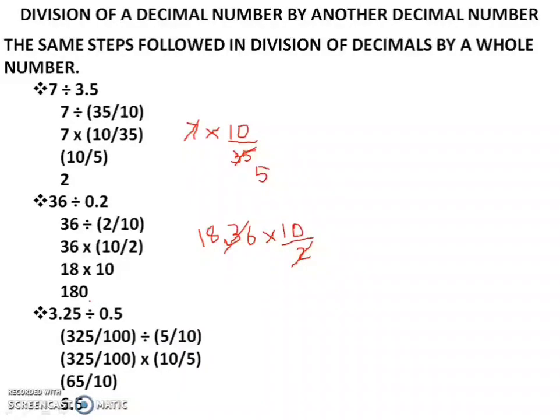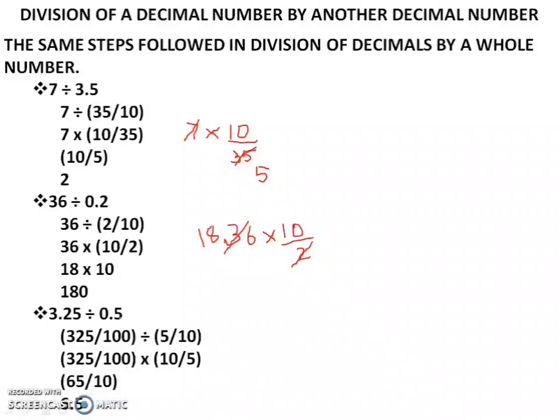So what is the first step? You will convert both 3.25 and 0.5 to fractions. 3.25 I can write as 325 by 100 and 0.5 I can write as 5 by 10. Why? Here 2 decimal places, that is by 100.